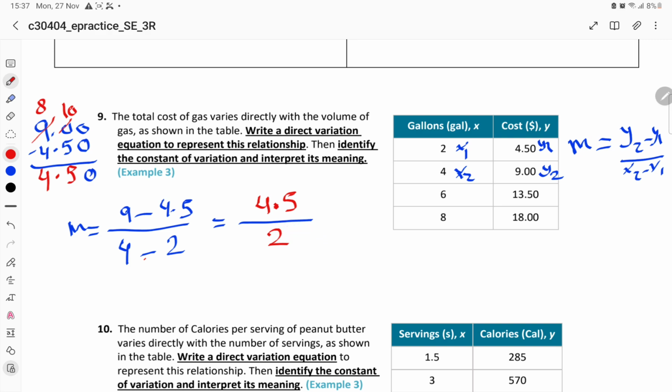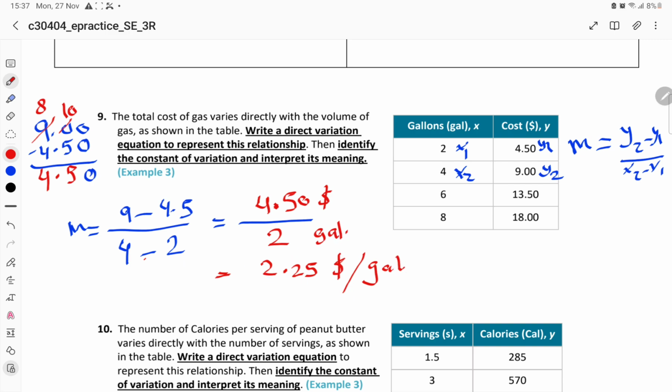4.5 divided by 2, as if it's 4.50. 50 divided by 2 is 25. 4 divided by 2 is 2. So now it's 2.25. And take care: this was dollars and this was gallons. So this means 2.25 dollars per gallon.